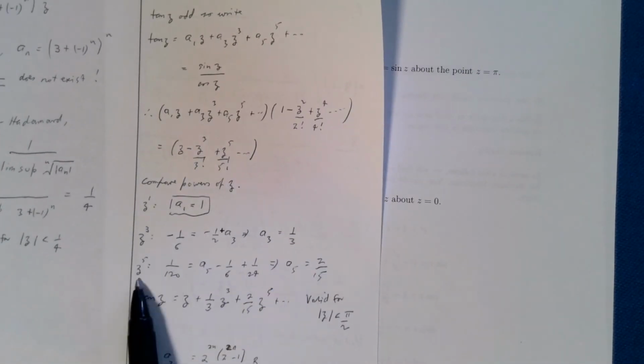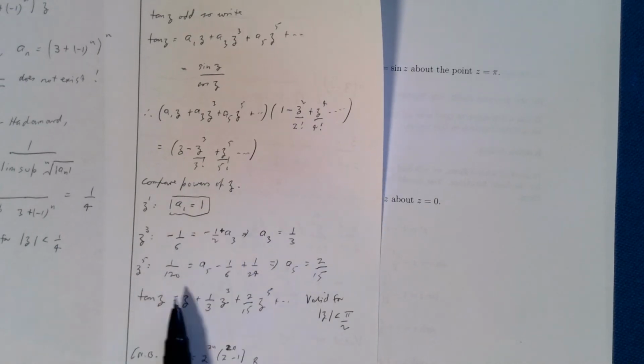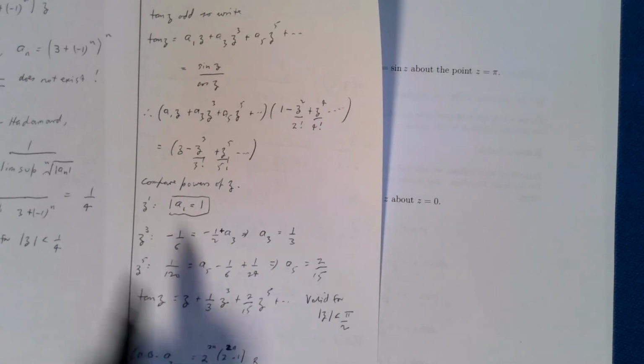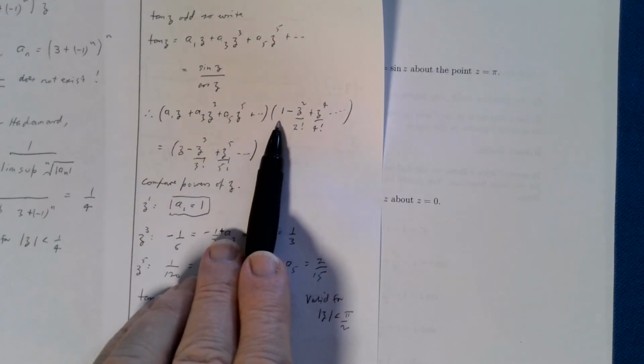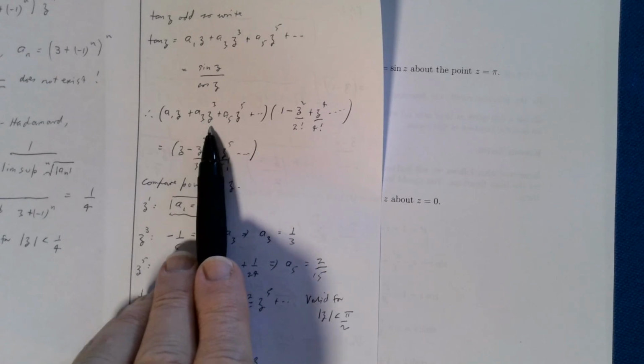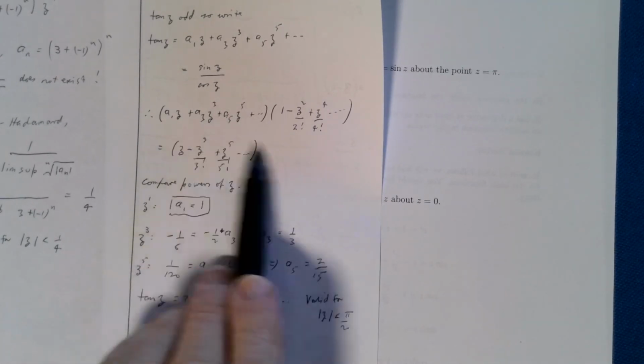Similarly for a5, the coefficient on this side is 1 on 5 factorial, it's 1 on 120. We'll get an a5 from this one multiplied by 1, a3 times minus 1 on 2 factorial, and an a1 times this one.